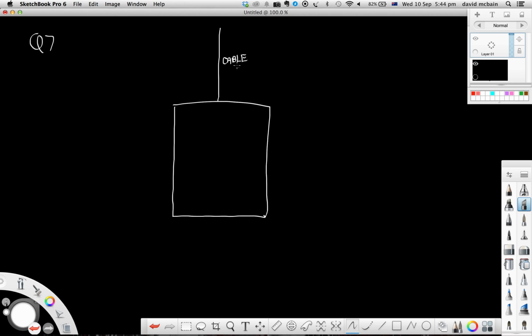So if a greater force than 25,000 newtons is applied through that cable, it will snap. What that's really telling us is the maximum force that cable can exert is 25,000 newtons. And the cable is, of course, going to be pulling the elevator up. Okay?